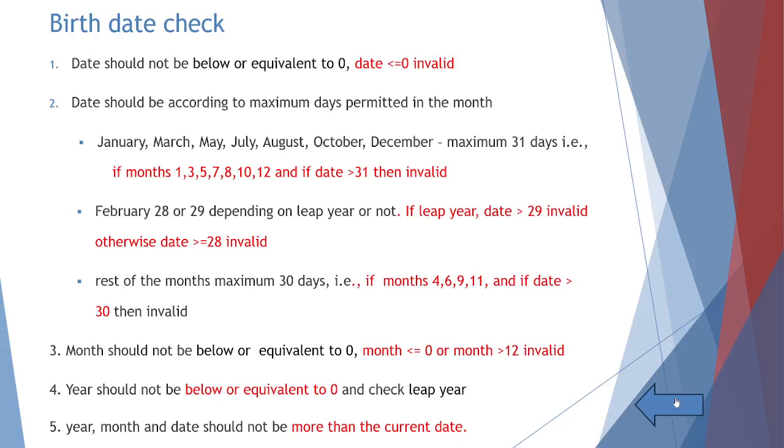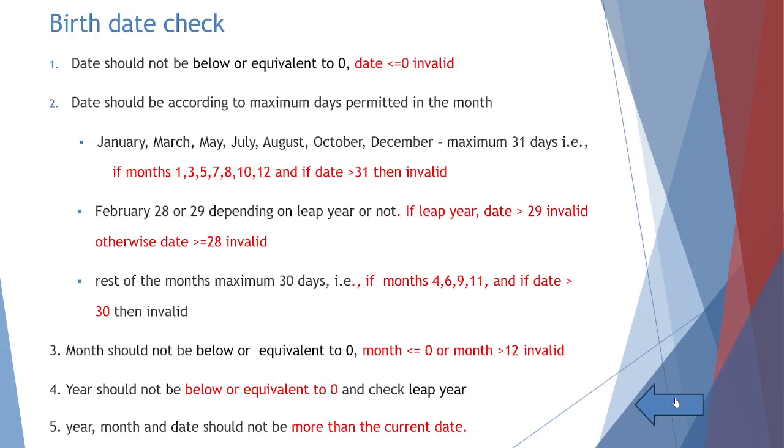Second point, date should be according to the maximum days permitted in the month. For example, January, March, May, July, August, that is months 1, 3, 5, 7, 8, 10, 12, 31 days. If date is greater than 31, then invalid for those months.